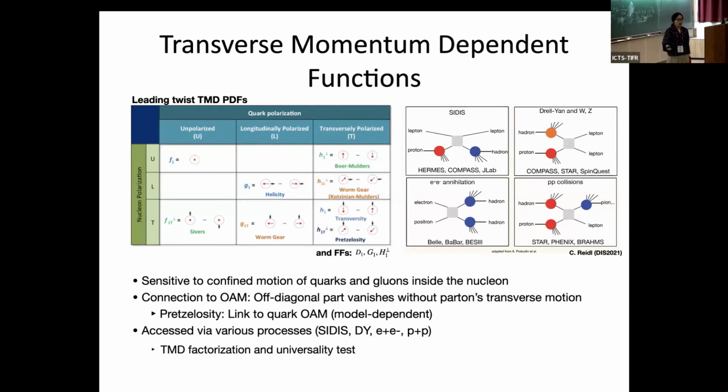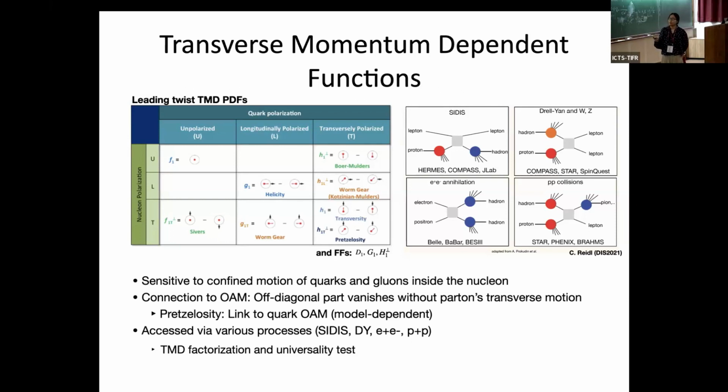When we talk about the TMD and the orbital angular momentum contribution to the total proton spin, there is not quite a direct link to the orbital angular momentum from all these TMD functions, unless with some model dependence.